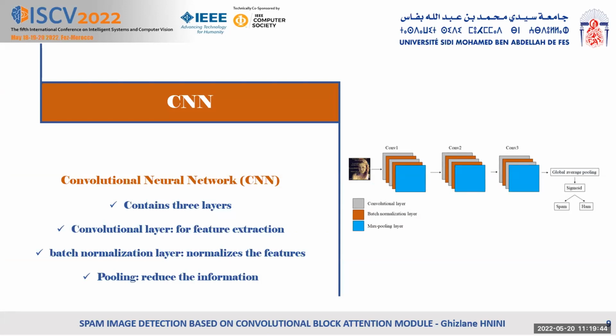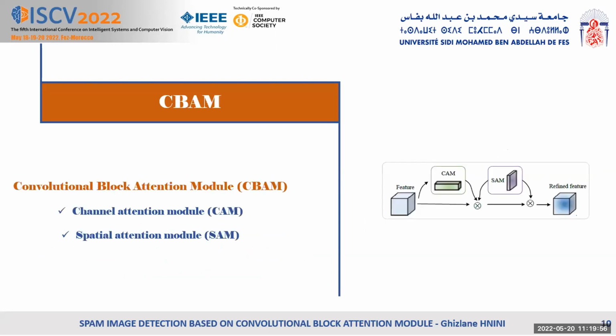Batch normalization normalizes the feature maps generated by the convolutional layer, and finally the pooling layer, its goal is to reduce the information. Concerning the CBAM model, it contains two independent sub-models, the channel and the spatial attention models, which can save parameters and computational power.